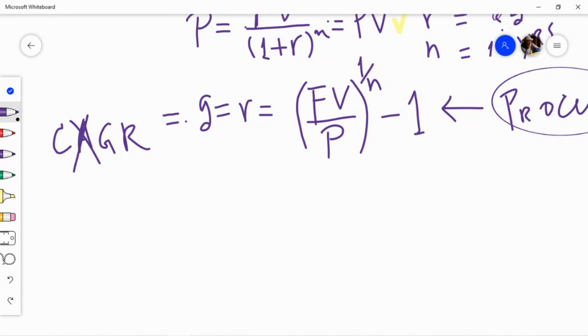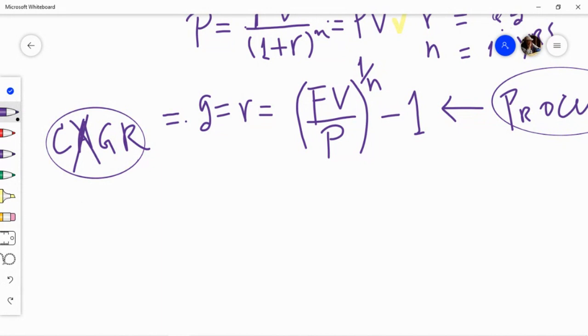I mean, it can be quarterly, monthly, even weekly or daily. So, can we say average? No. Okay. It's compounded annual growth rate, but the way they use this term is mainly for annual growth rate.